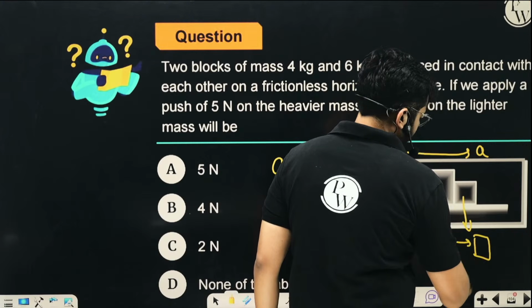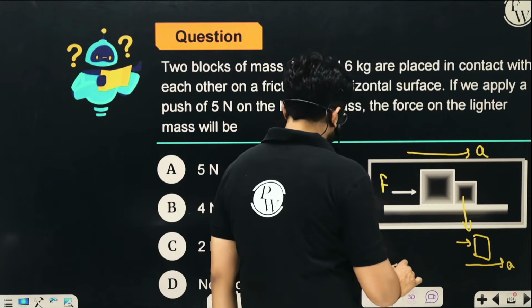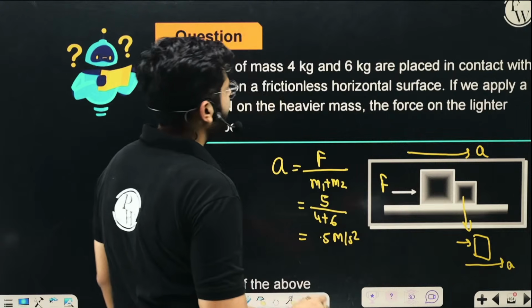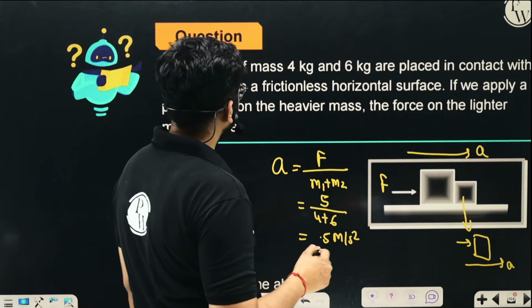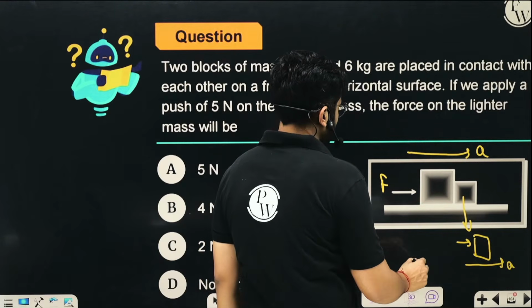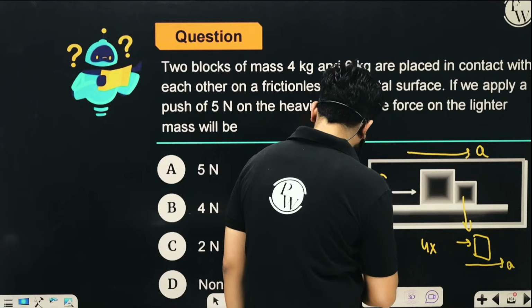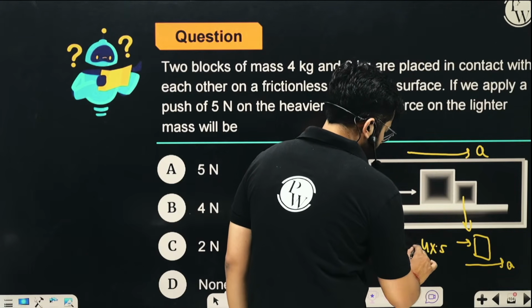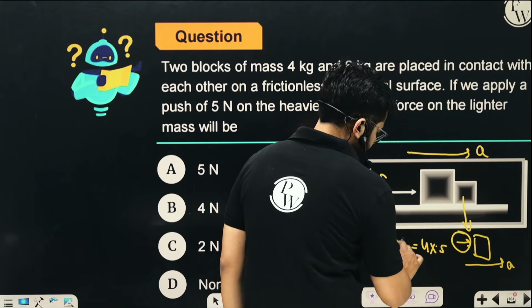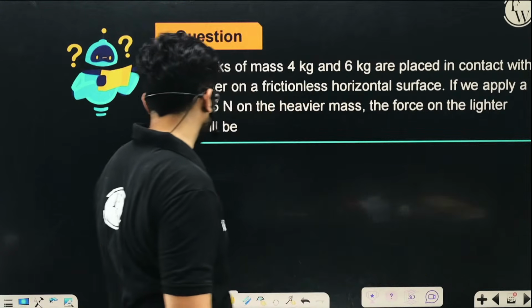The normal reaction is acting over here and it is accelerating with acceleration A. Mass of the smaller block is 4 kilograms. So mass into acceleration, 4 into 0.5, is the normal reaction over here. So it is going to be 2 Newtons, right? So option C is the correct option.